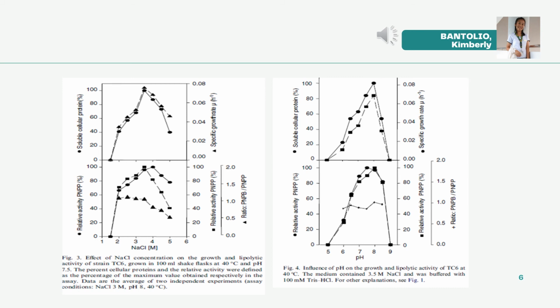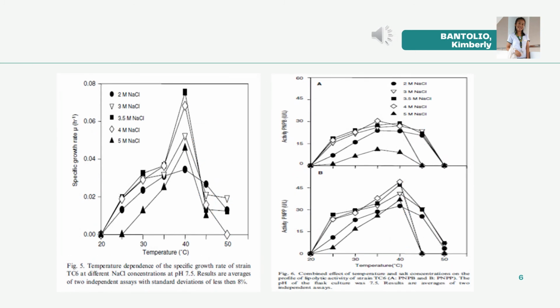The next figure shows the influence of pH on the growth and the lipolytic activity of TC6 at 40 degrees Celsius. The medium contained 3.5 M NaCl and was buffered with 100 mM Tris-HCl, as shown in the previous figure and in the phylogenetic cladogram shown in the last slide.